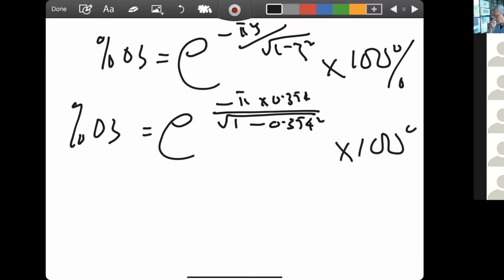Kira kan? Berapa? Ni? Cyrus? Berapa? Yang lain pun kira.